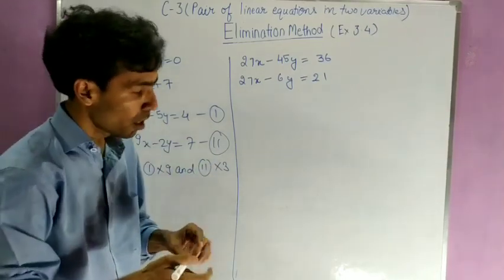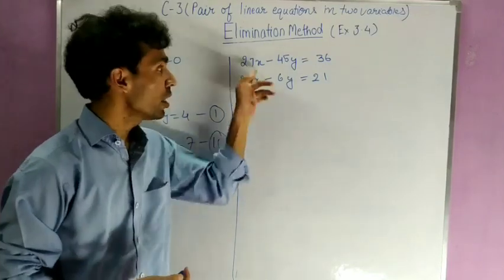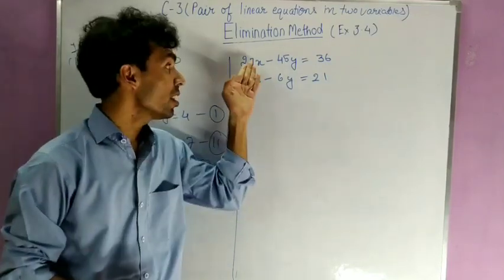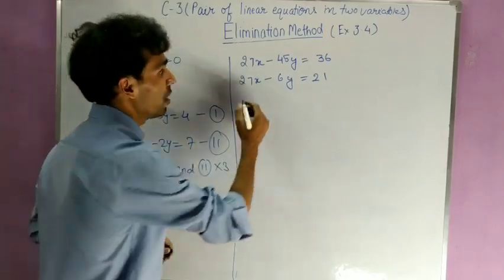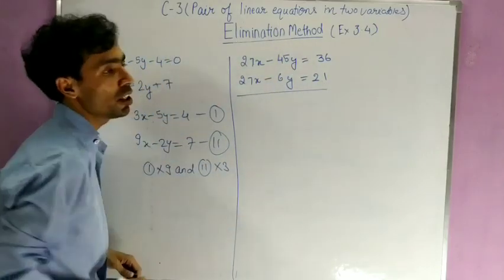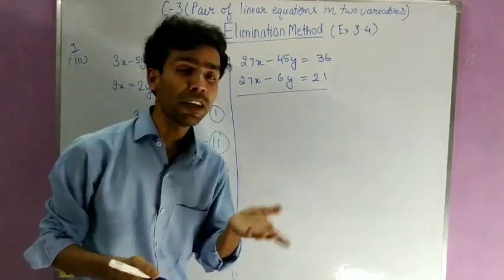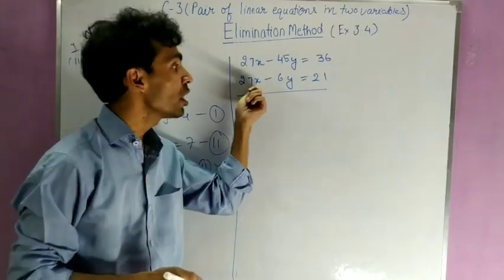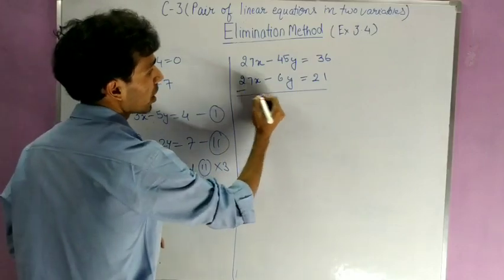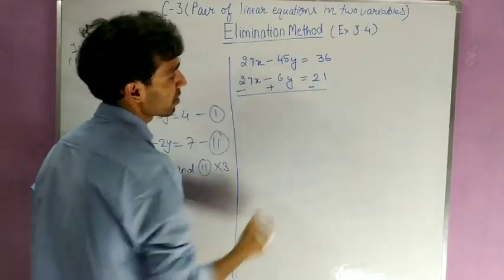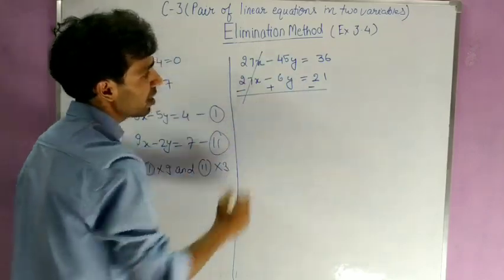Now see, in both the equations, the x terms are same now, and both have the same sign. So whenever the sign is the same, we will do the subtraction. When we do subtraction, their sign will be changed. The question comes in the mind, which sign will be changed? The sign of equation 2 will be changed. So here will be minus, here will be plus, here will be minus, and we see only the changed sign. So x will be cancelled.